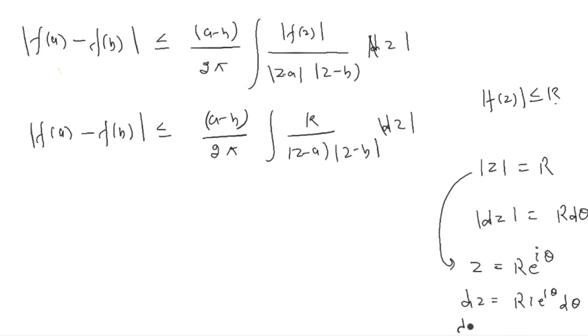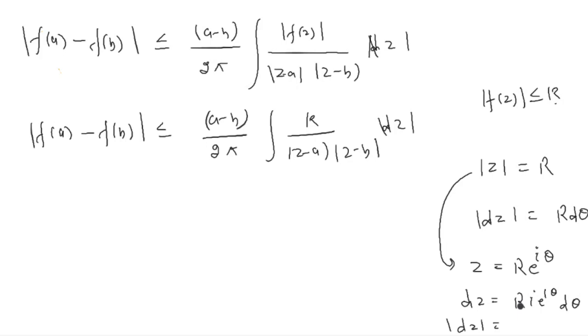And mod of dz equals mod of r, mod of i, mod of e to the power i theta, and mod of d theta. So mod of r equals r, because r is a real number, and mod of i equals 1. So r into 1 means r. Mod of i e to the power i theta is again 1.